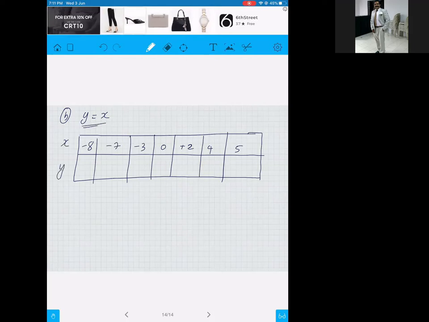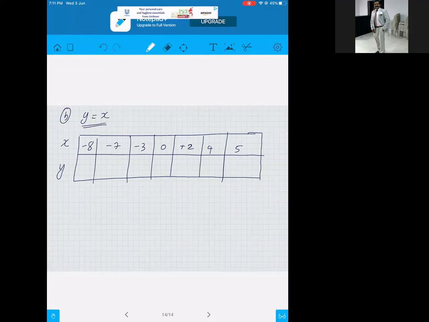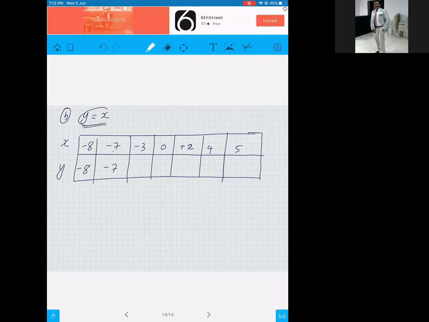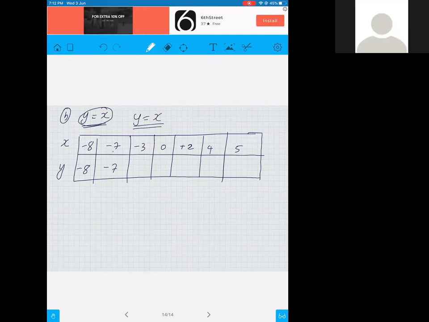And what is the equation for y? Whatever be the value of x, y is exactly the same. So when x is equal to -8, y is also -8. When x is equal to -7, y is also -7, because y is equal to x itself.